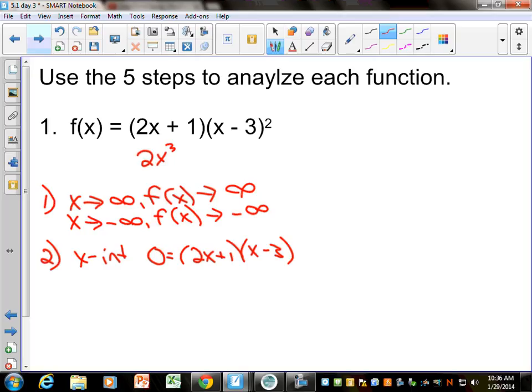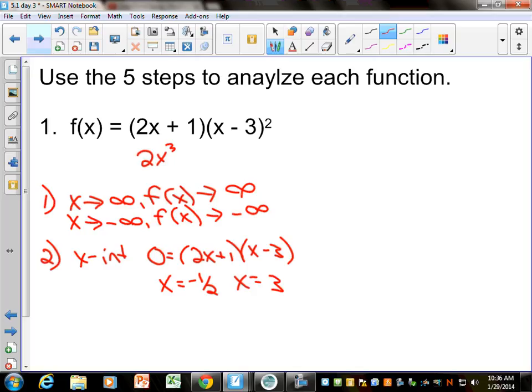They're great because they're already factored out for you. So you get an x-intercept at negative 1/2, because you subtract 1 divided by 2, and there's an x-intercept at 3.